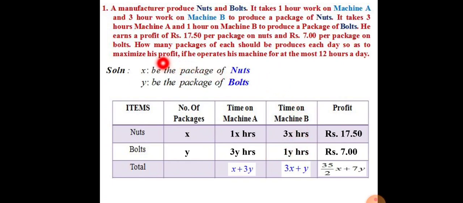In the last line of the problem, it says he operates his machines at the most 12 hours per day. At the most means maximum, so for the maximum we have less than or equal to. He can't use 13 hours, only up to 12 hours he can work on these machines.